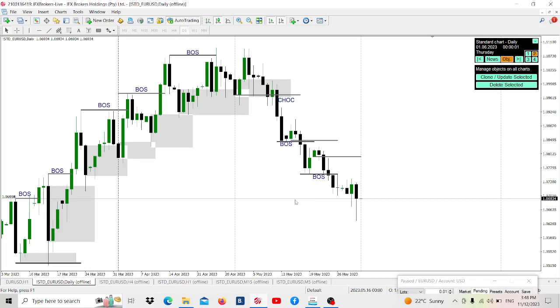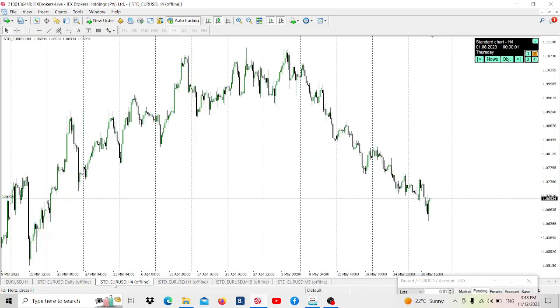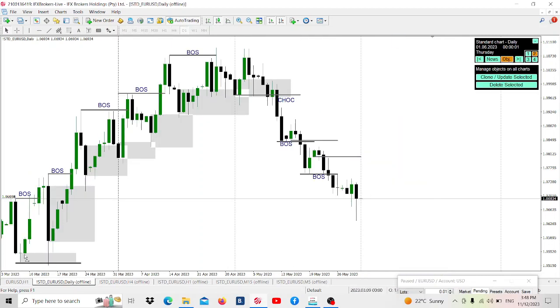Now let's look at a 4-hour. The 4-hour is a bit naked, but let me just clone what I see and put it on a 4-hour chart.